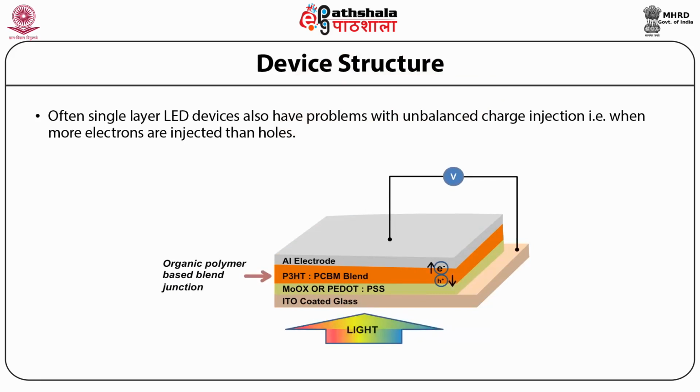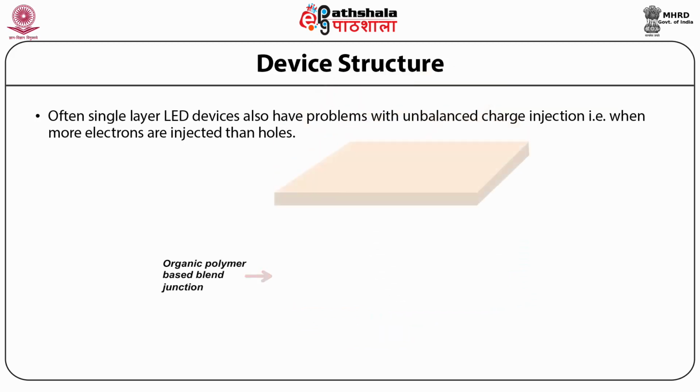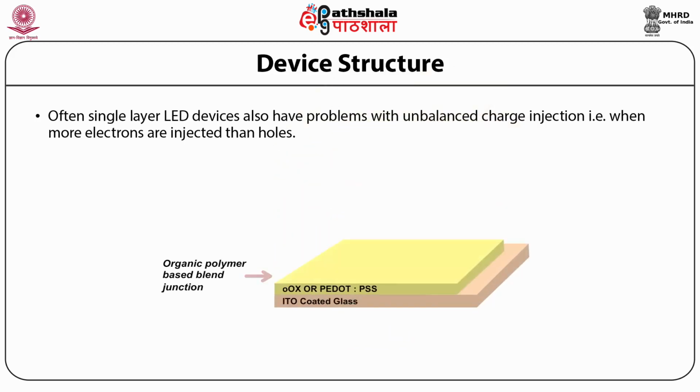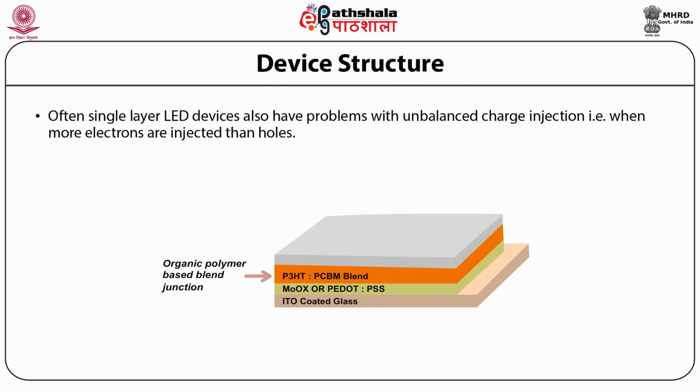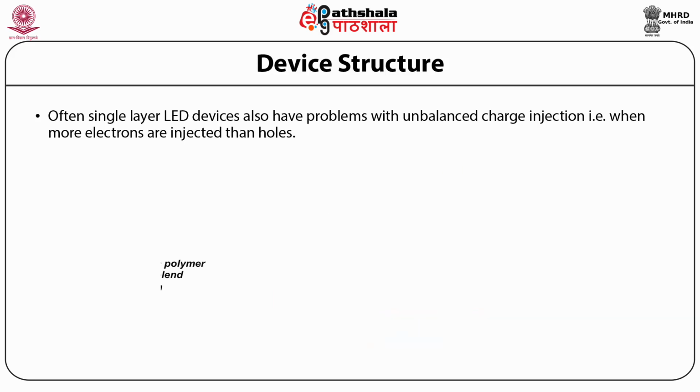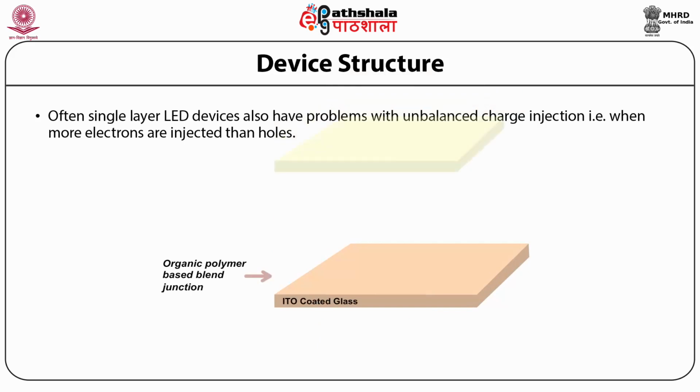To improve the power conversion efficiency of these cells, several new structures like the bilayer devices, bulk heterojunction, and tandem cells have been proposed.